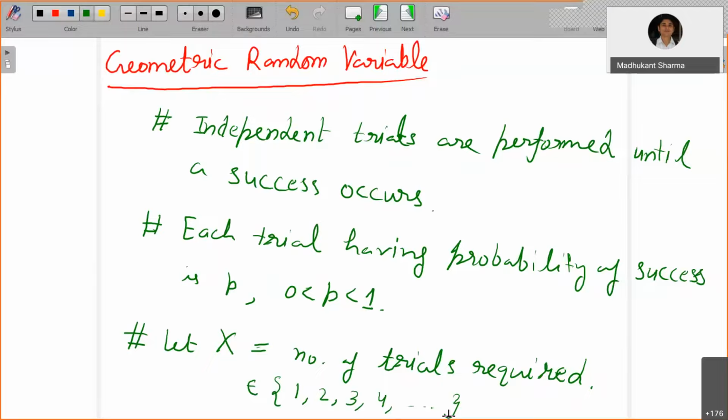Okay. And since they are independent, each trial having probability of success P, I can certainly give you the probability mass function here. It's the probability of X equals i. So what does this mean? X equals i means that at the ith trial you get success, and in the previous i minus 1 trials you get failure.